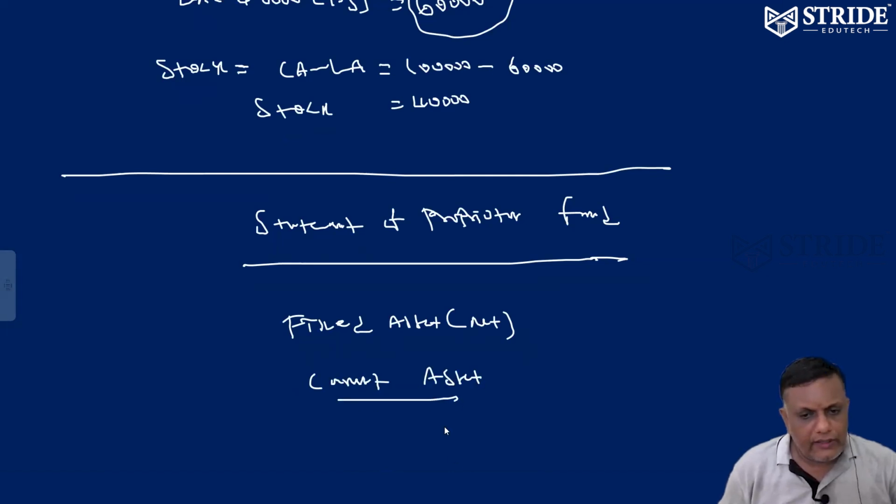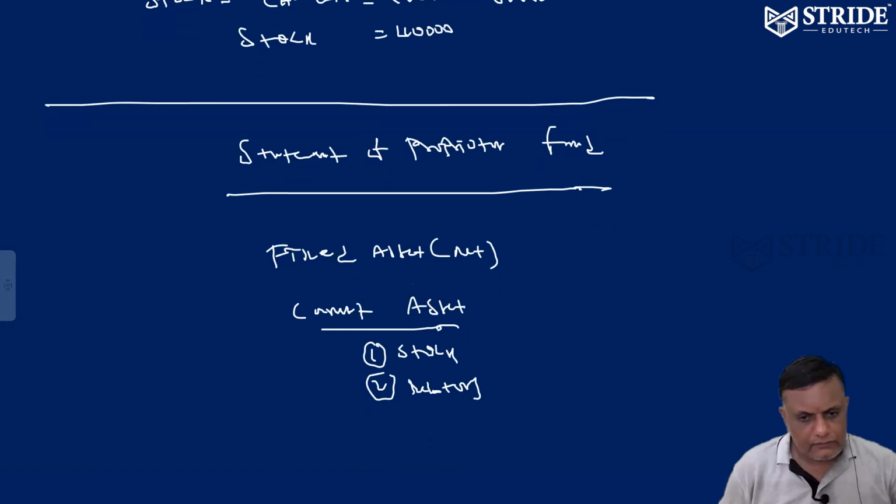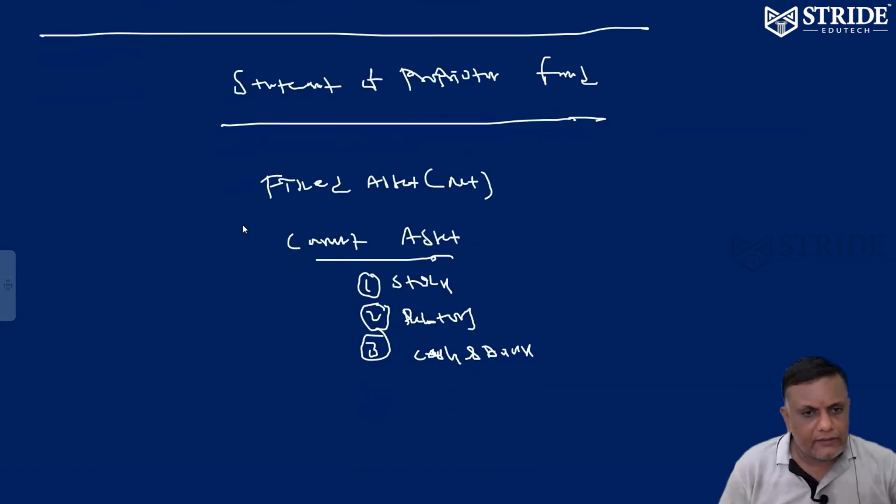If possible, segregate the current asset in terms of stock, in terms of debtors, in terms of cash and bank, if possible. Then fixed asset plus current asset is equivalent to total asset.